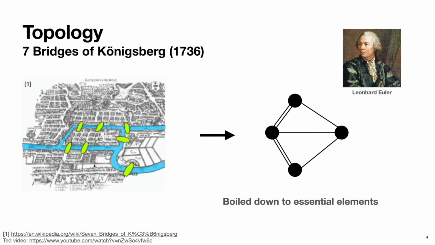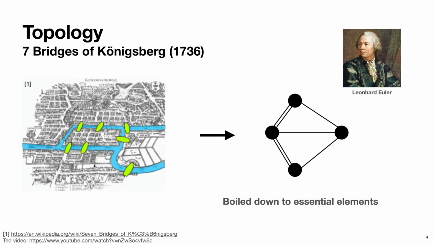What Euler did all those years ago is basically what we're doing when we do topological data analysis. We take data, we can consider this map of Königsberg as data, and we want to extract the fundamental shape of this data. As you can imagine, there are countless ways in which we can take data and translate it into its underlying shape or structure.